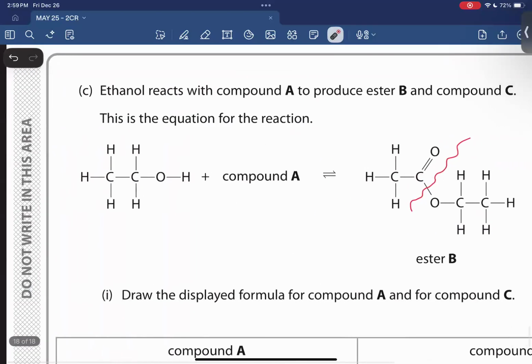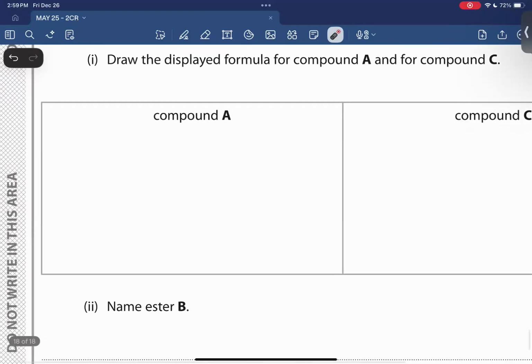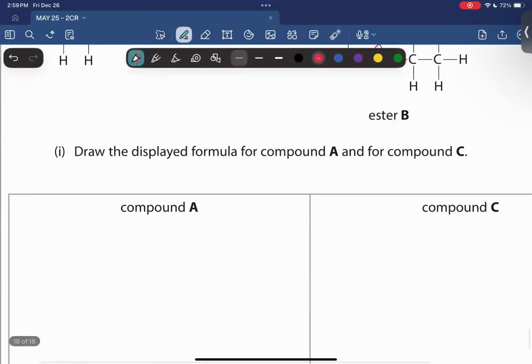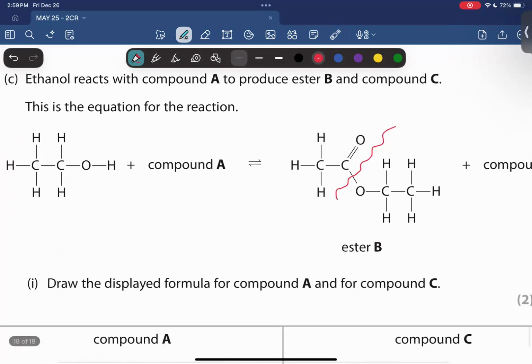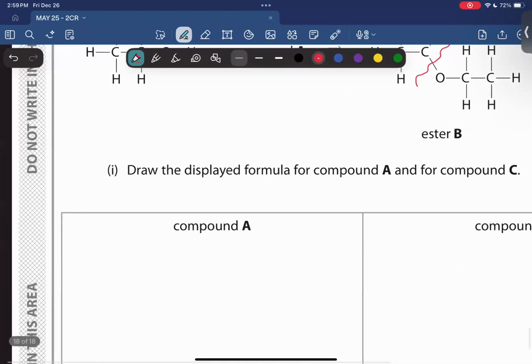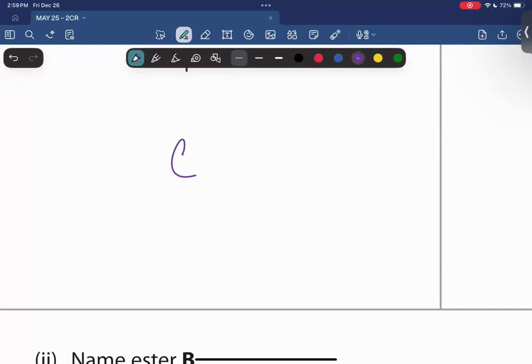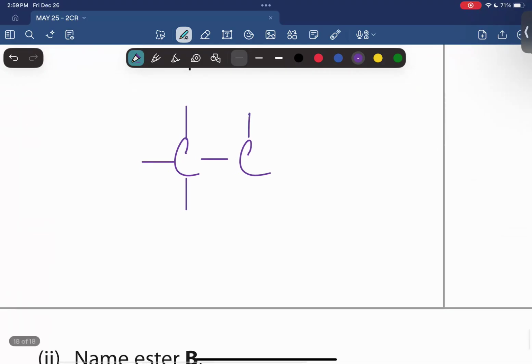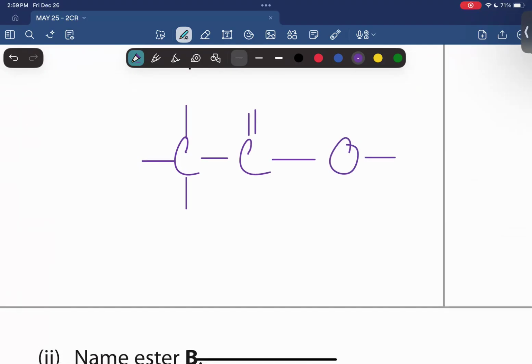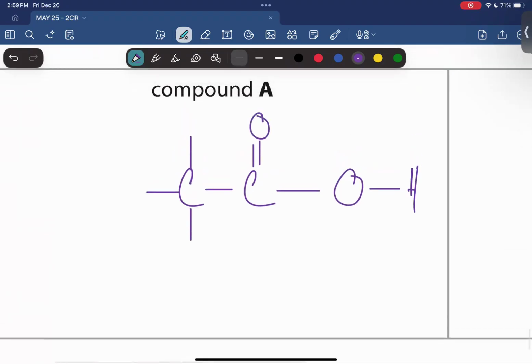So let's draw this. Draw the displayed formula of compound A, so you have to draw the one for ethanoic acid. C bonded to C, and over here we have hydrogen, hydrogen, hydrogen, and COOH.